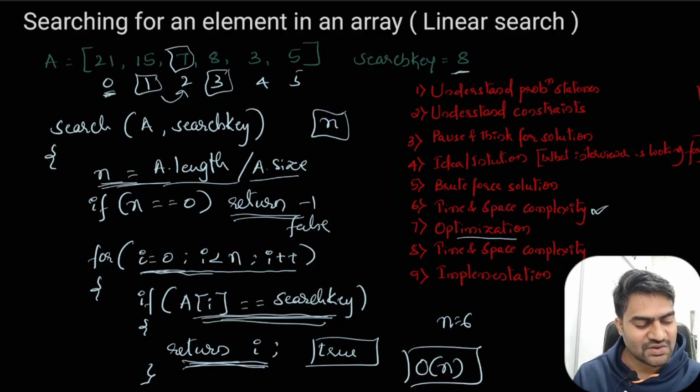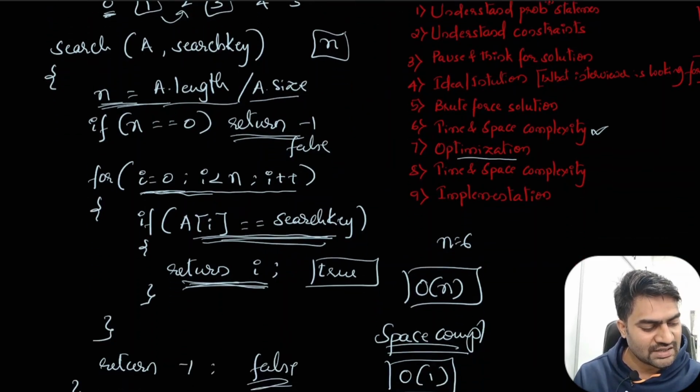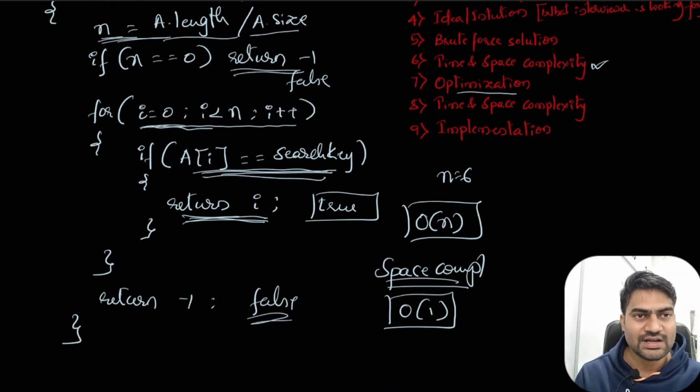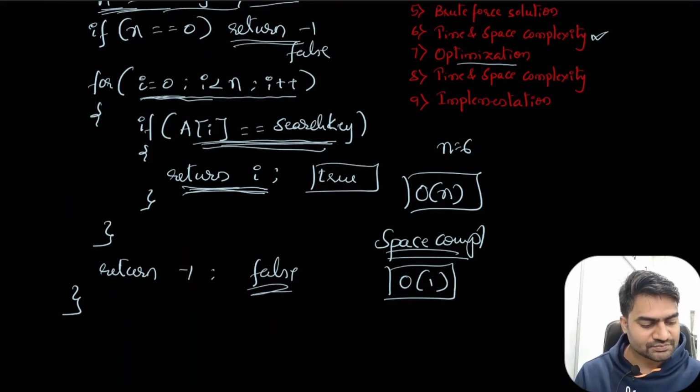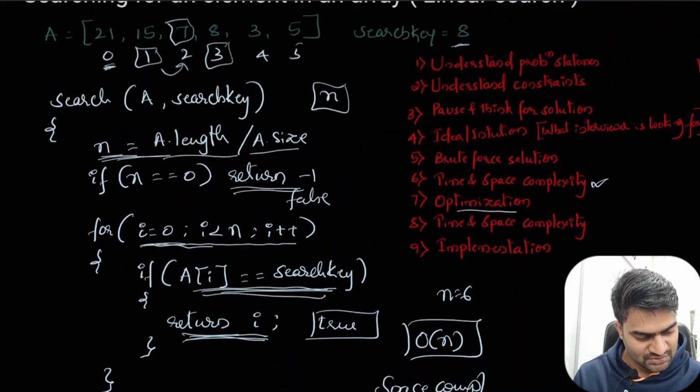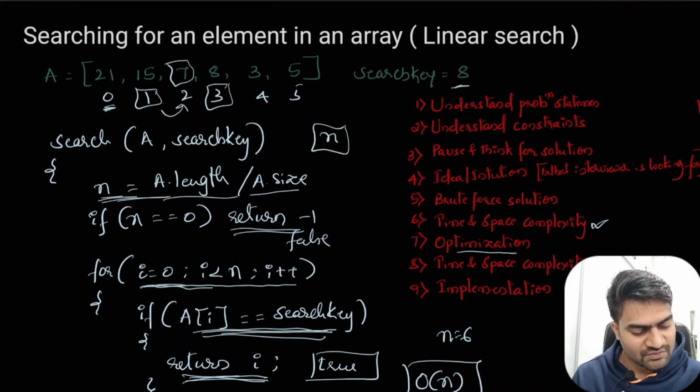That's why it is already in its optimal state, with time and space complexity of order n and order 1.